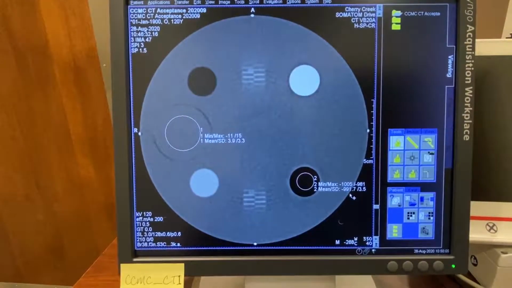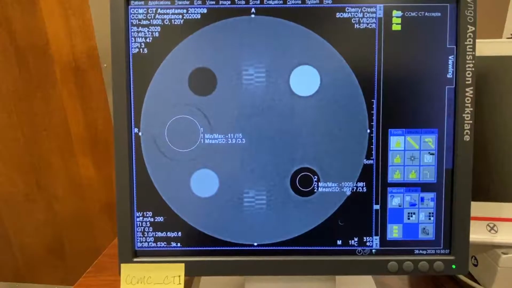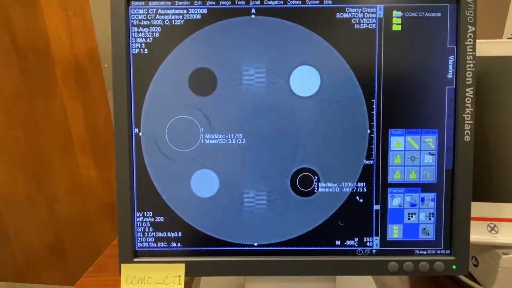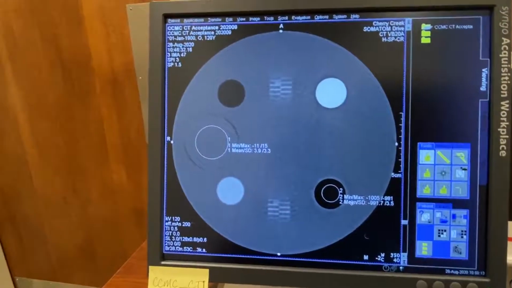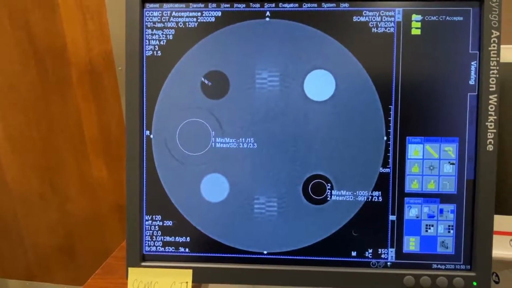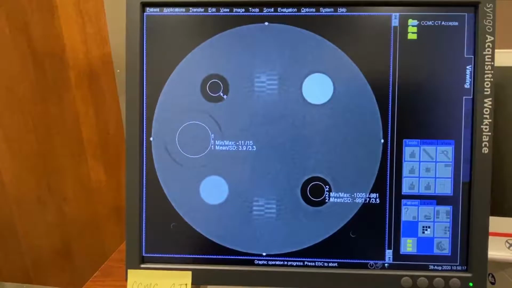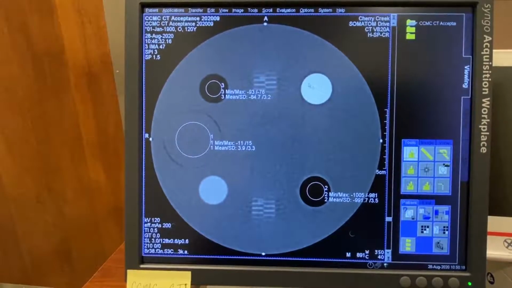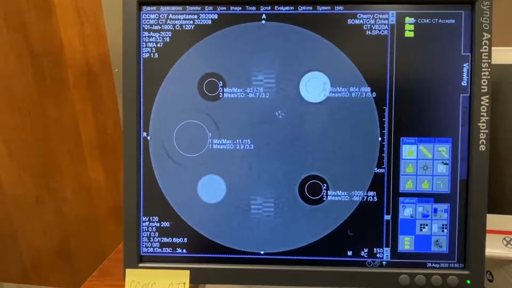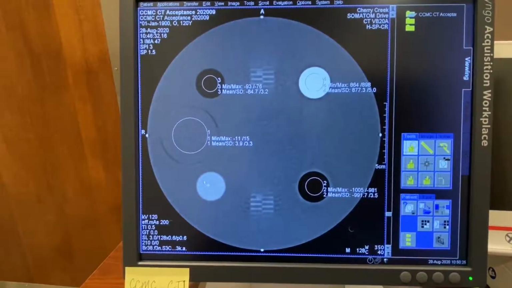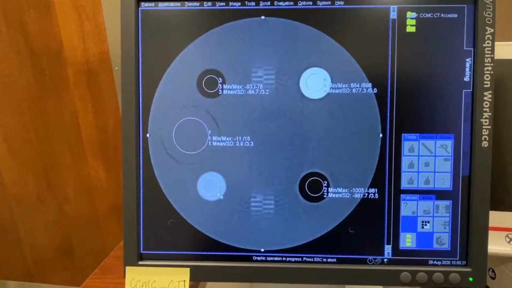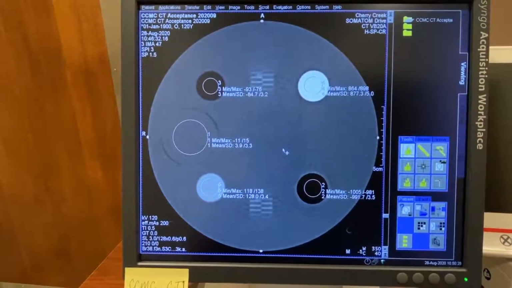And you can see this is minus 991.7, so it's close enough. And then there are three other materials mimicking other tissues, and we also have the corresponding specs for those.